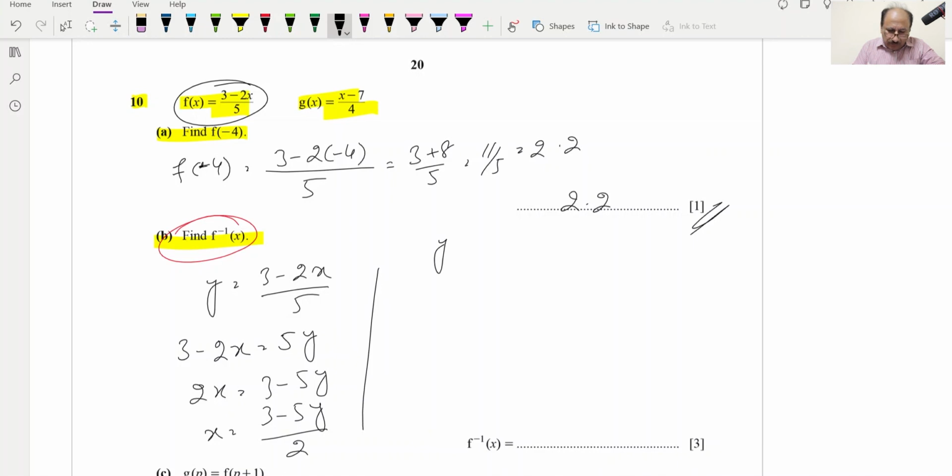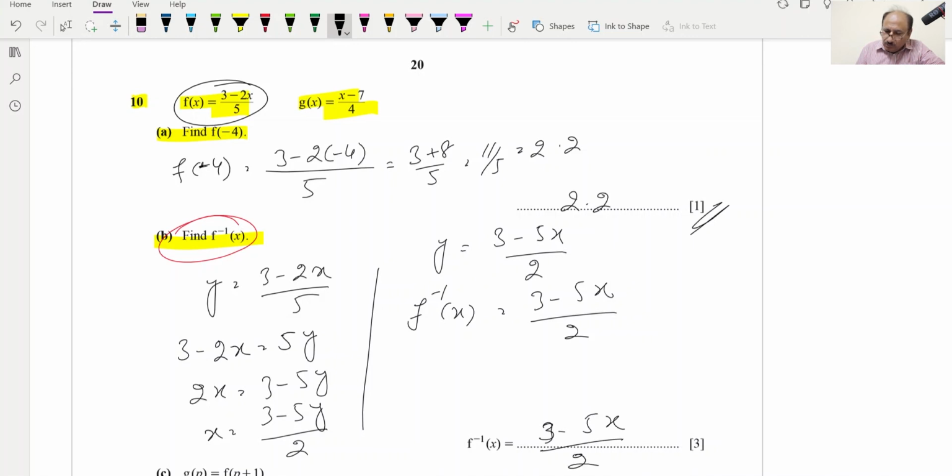So y is equal to 3 minus 5x by 2. And this will be basically f inverse of x equal to 3 minus 5x over 2. So the answer will be 3 minus 5x by 2. This will be our final answer for the 3 marks question, which we are done.